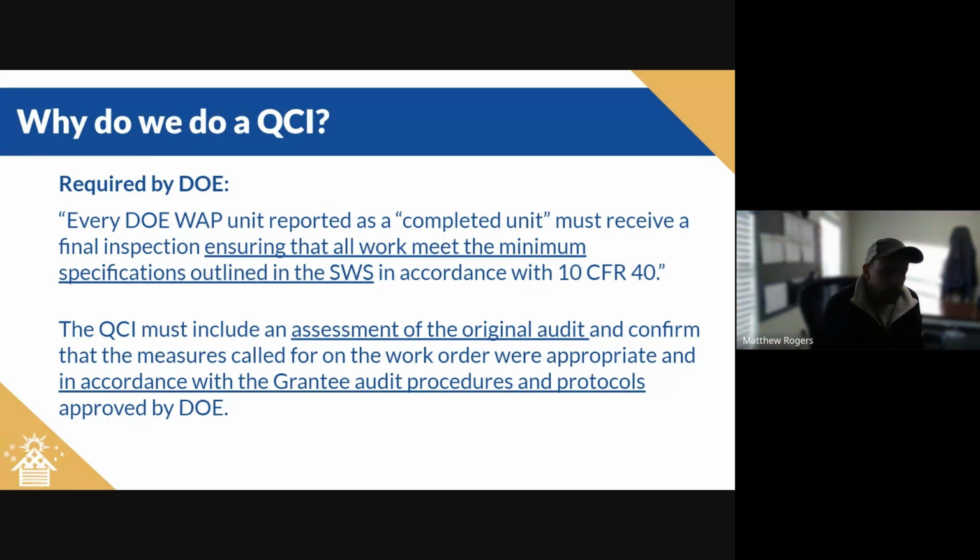In addition, the QCI must include an assessment of the original audit and confirm that the measures called for on the work order were appropriate and in accordance with the grantee audit procedures, which are our guidelines, our field guide, and protocols approved by the DOE.